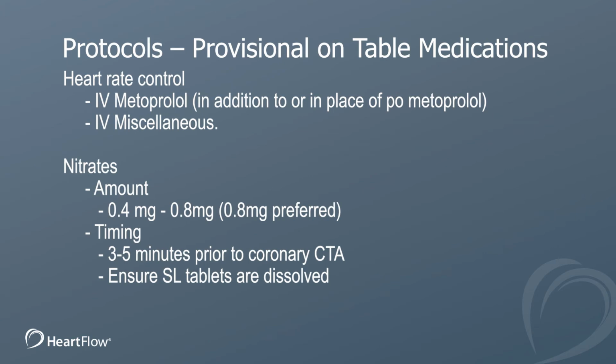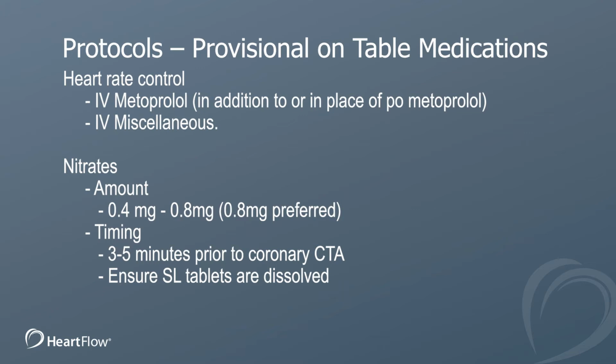Nitroglycerin is key to achieving maximum coronary vasodilation and improving our scan interpretations of both stenosis and also FFR-CT analysis. By SCCT guidelines, we administer nitrates like we do with any coronary CT, and we prefer to use 0.8 milligrams of sublingual nitroglycerin if possible and the patient's blood pressure permits it.